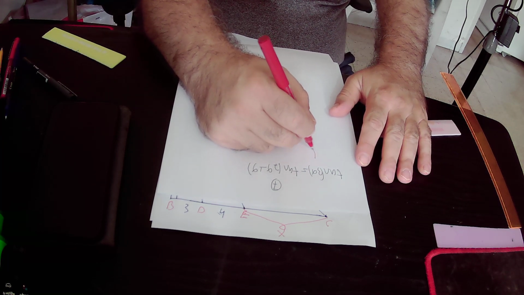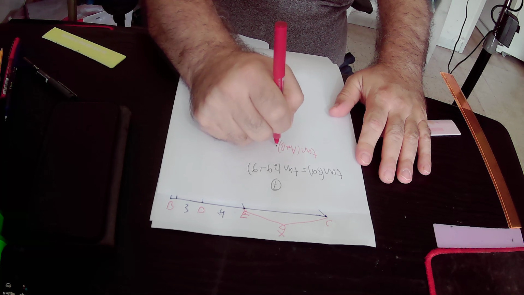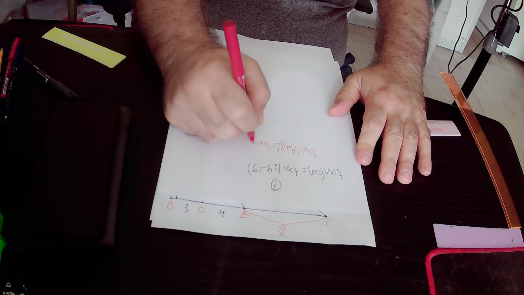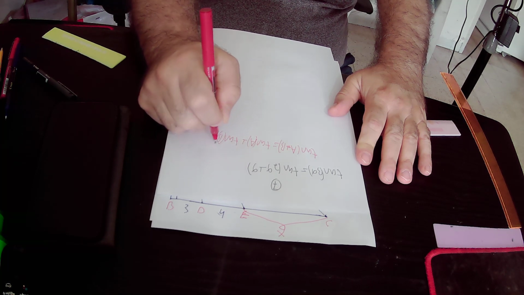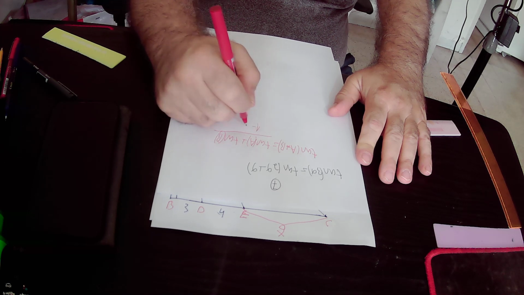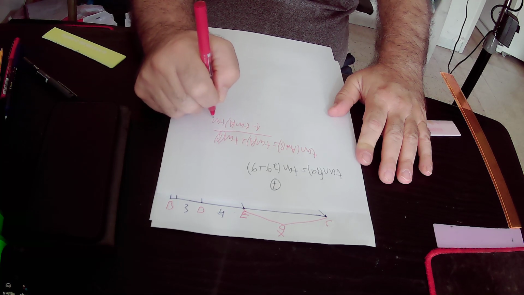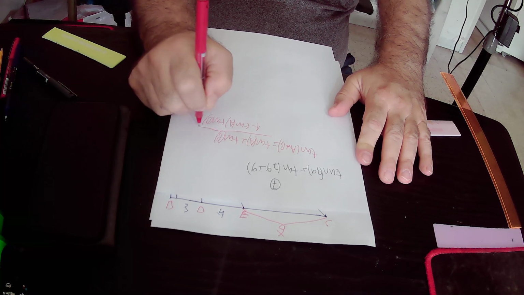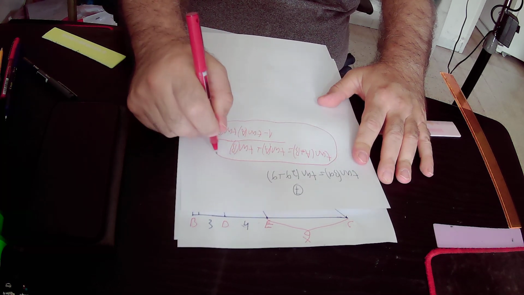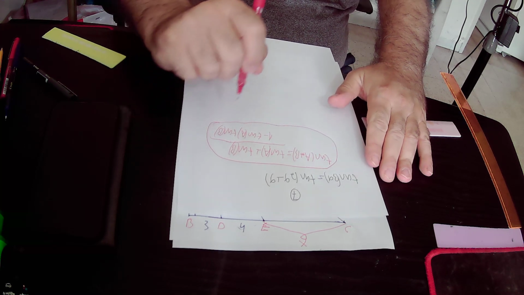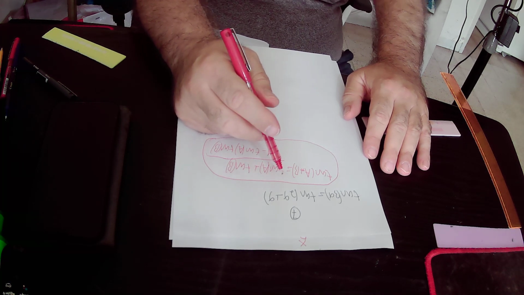The trigonometric identity is tangent A plus B equals tangent A plus tangent B over 1 minus tangent A times tangent B. We will use this trigonometric identity in order to find out the value of tangent 2 alpha plus alpha.